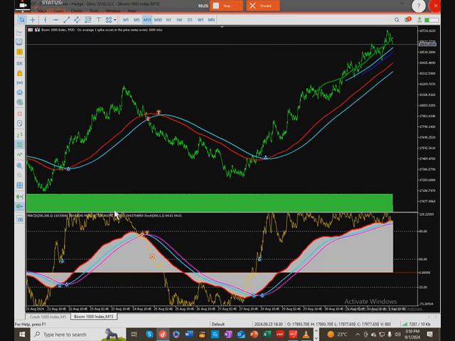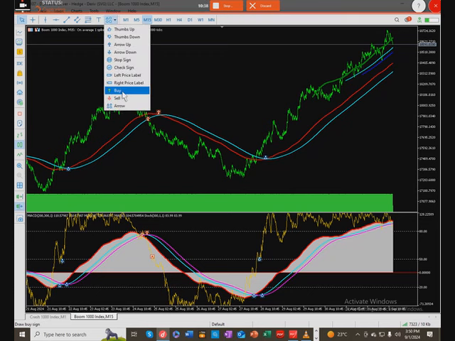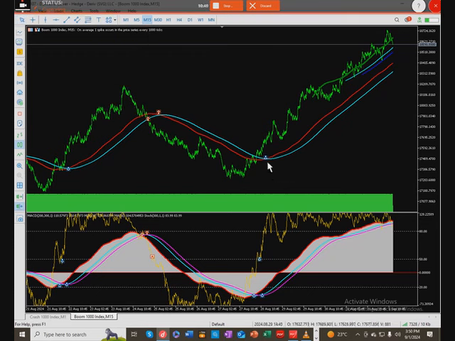The market breaks down, and here also the market breaks up above that moving average. You see here? That's how we check our MACD.